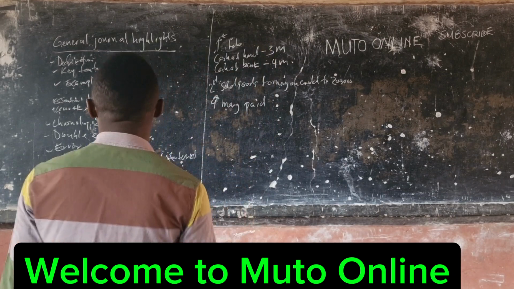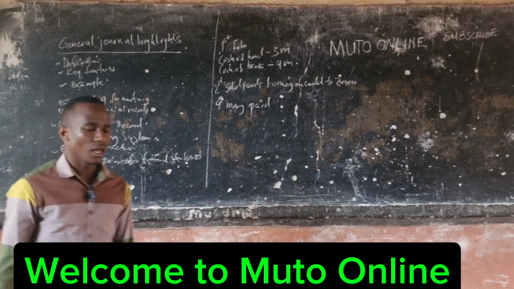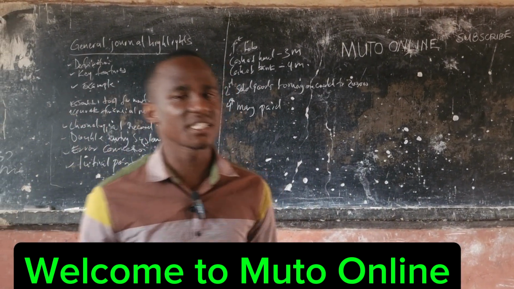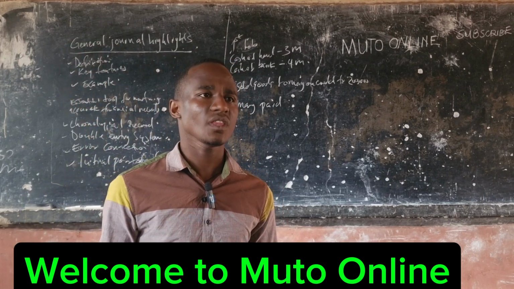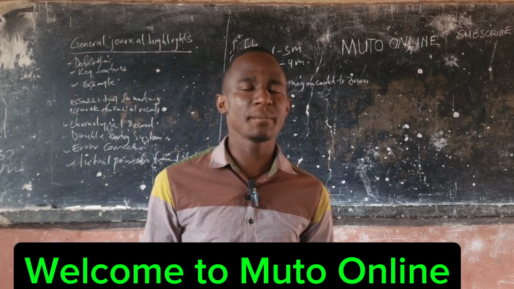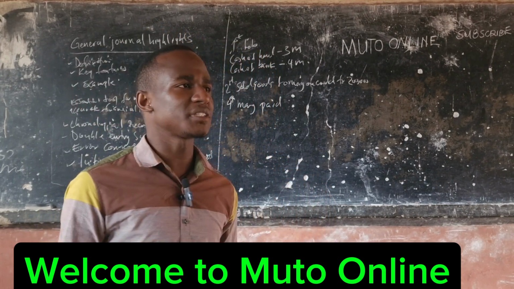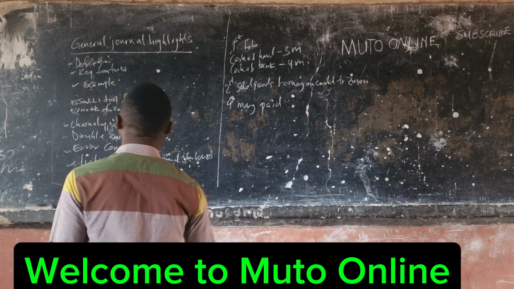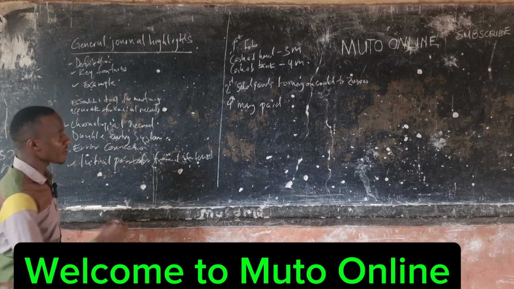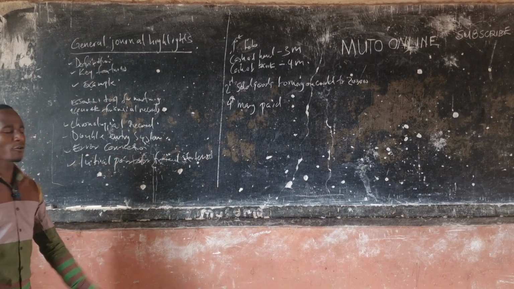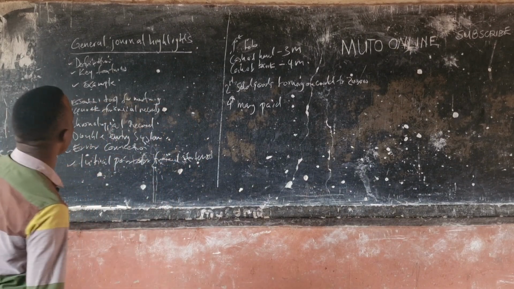A general journal is that financial statement that records transactions on the debit and the credit side, with a specific reason behind why we are creating these accounts. In simple terms, it is that statement that records transactions in their chronological order as they are given. We are going to look at the key features of a general journal.